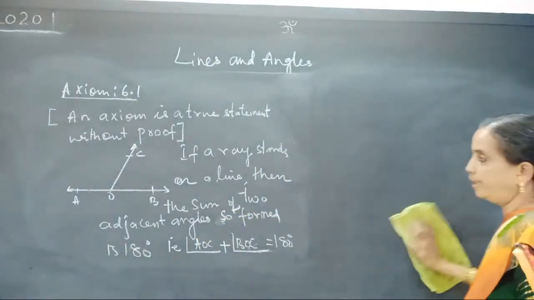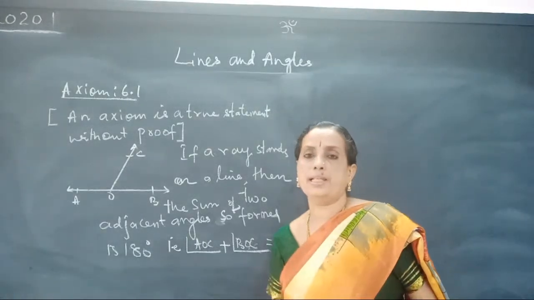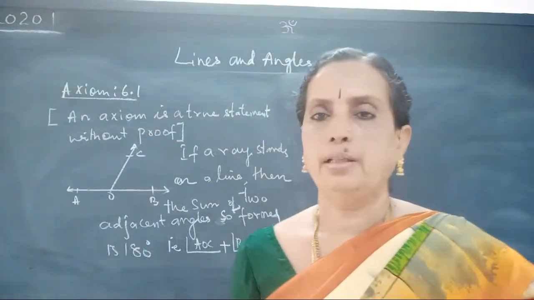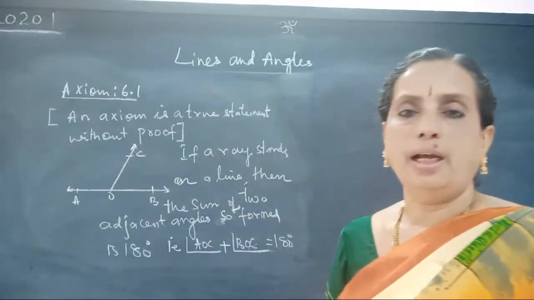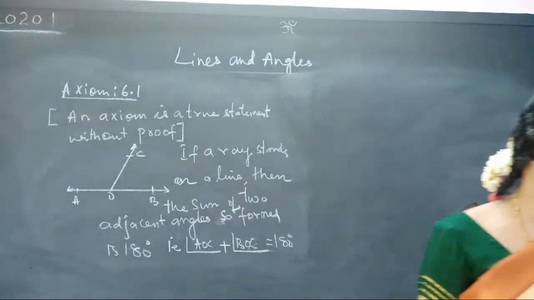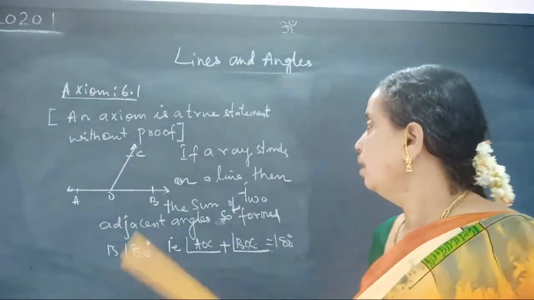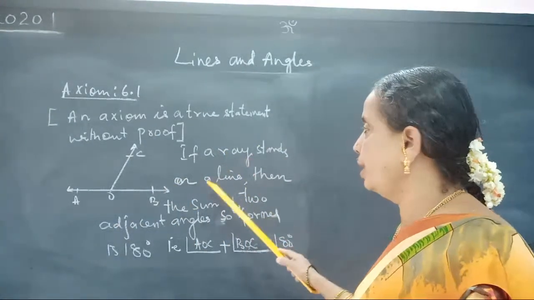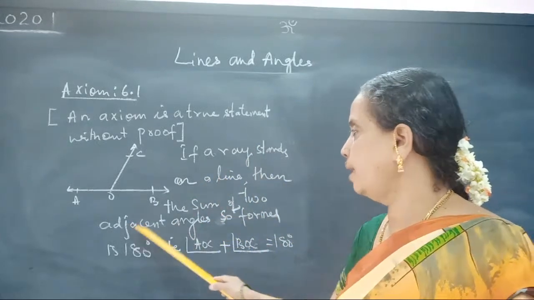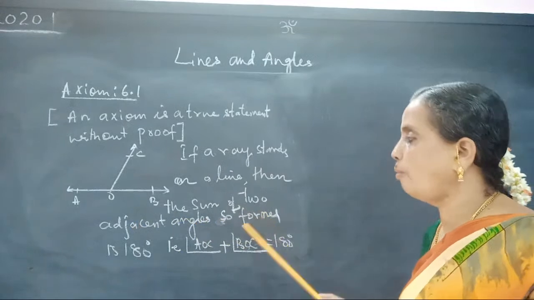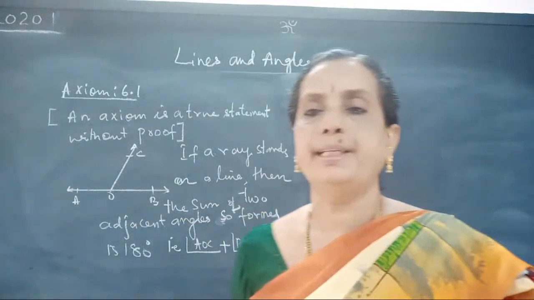So here you will get a question: state axiom 6.1. In such a case you have to draw the figure and write the statement: if a ray stands on a line, then the sum of two adjacent angles so formed is 180 degree.